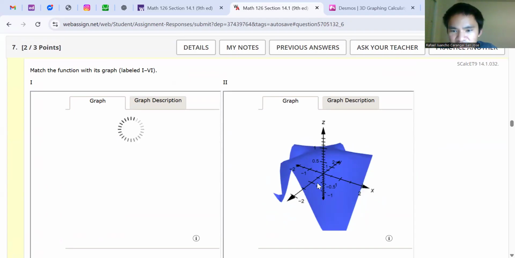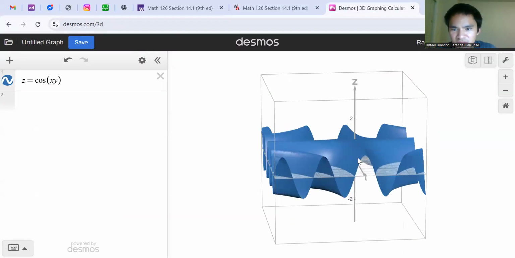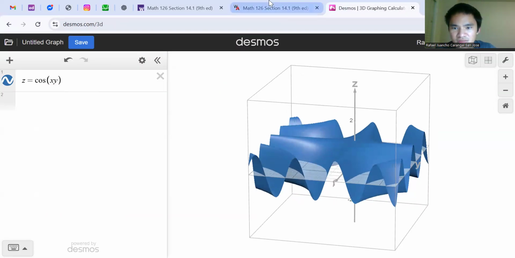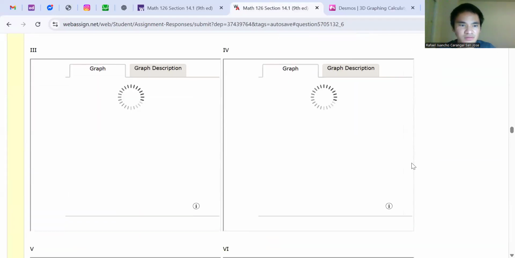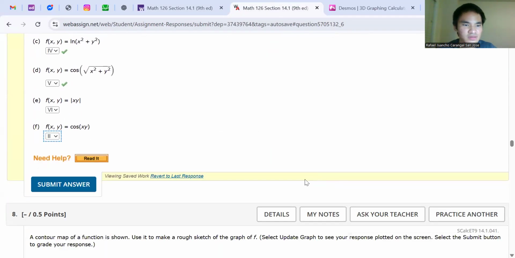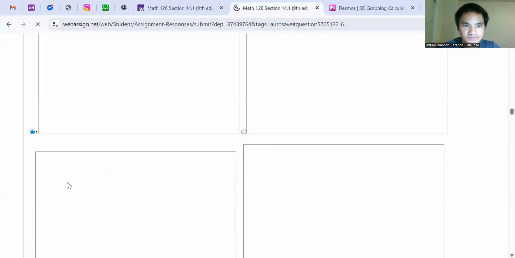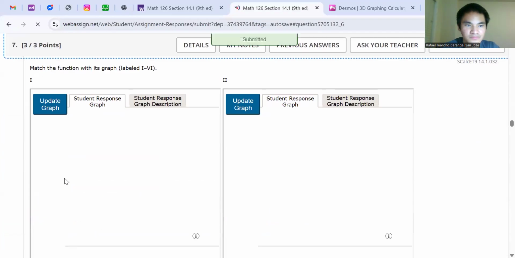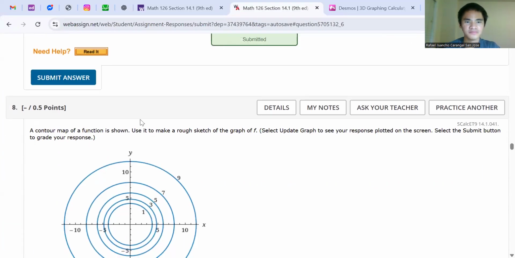Oh, this is from 2. What is this? Yeah, that looks about right. It's not showing the whole thing. Nice, we got it. Okay, now we're gonna proceed to talking about contour maps.